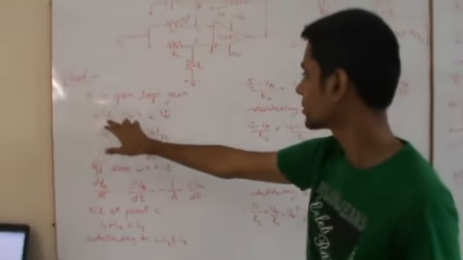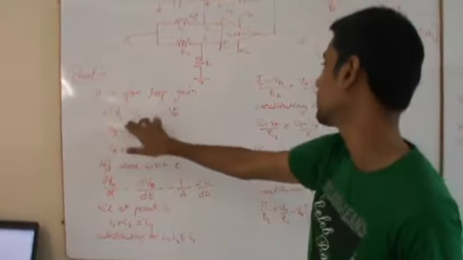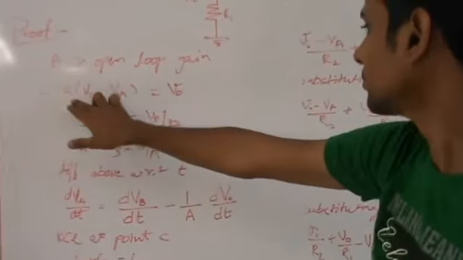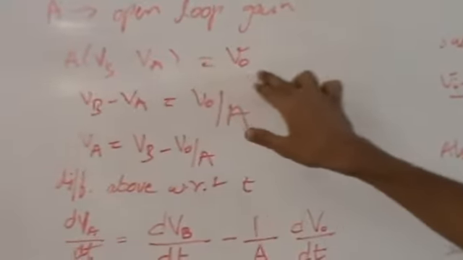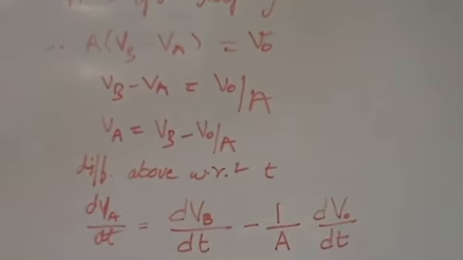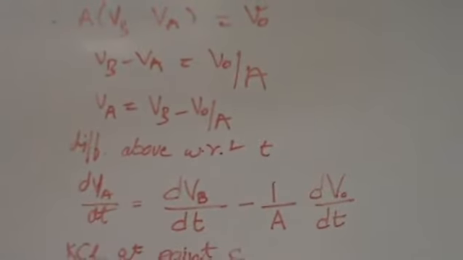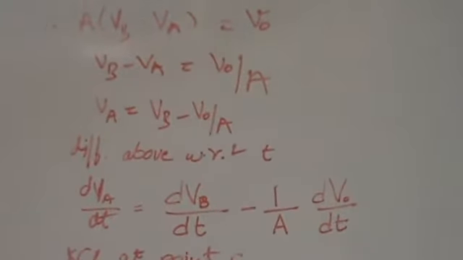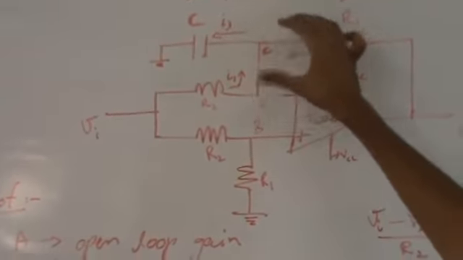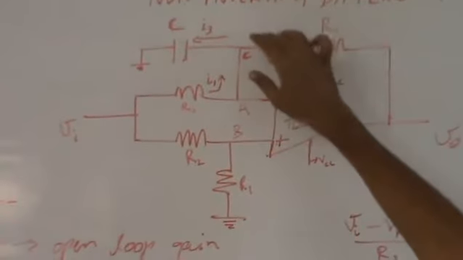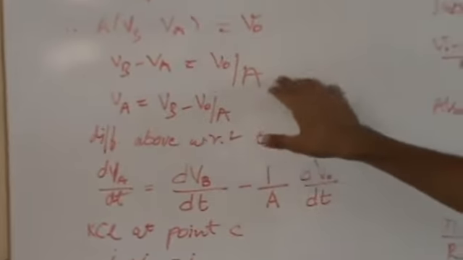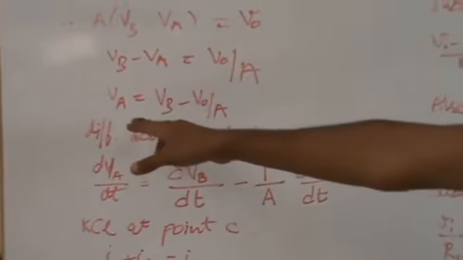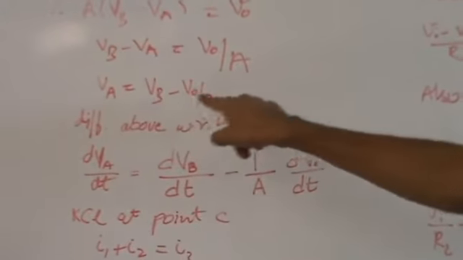That's why A is equal to V0 by (VB minus VA), or A into (VB minus VA) is equal to V0, where VA and VB are the potentials at point A and at point B. Also, please note that the potentials at point C and point A are the same because they are the same point. So, in the next step, we have VB minus VA equal to V0 by A. As you can see, we get the expression for VA as VB minus V0 by A.